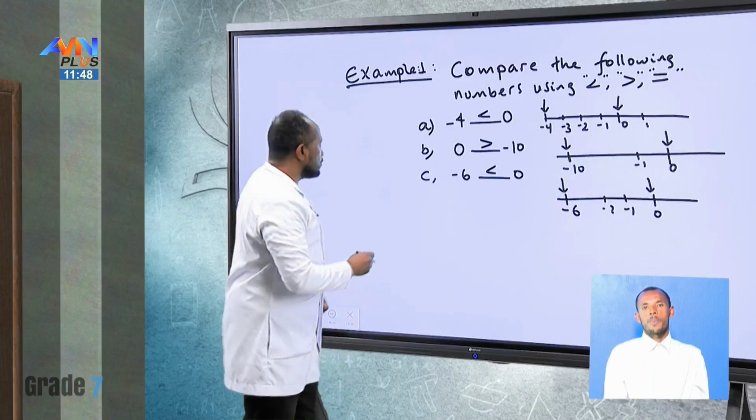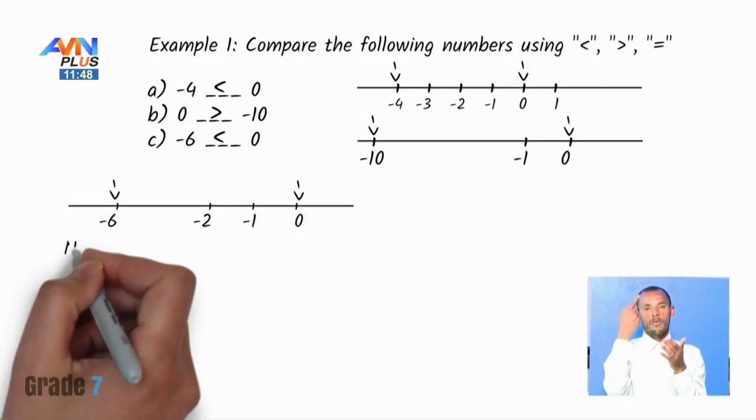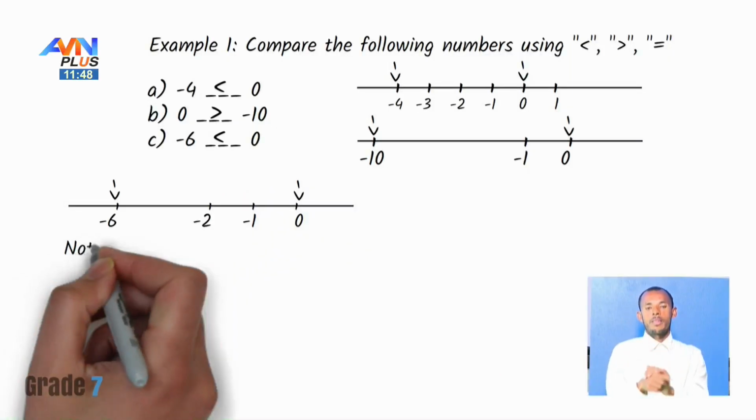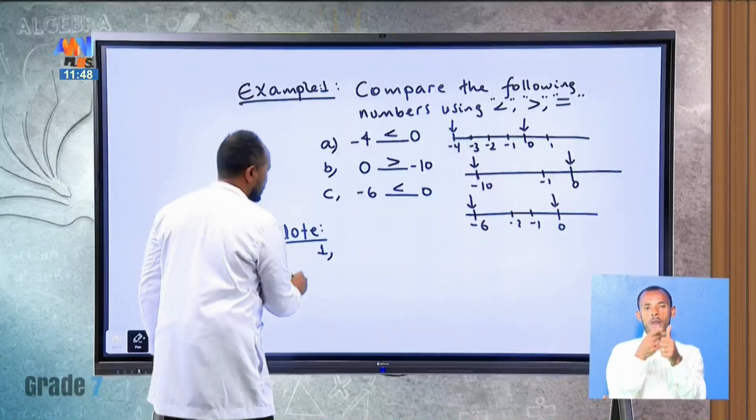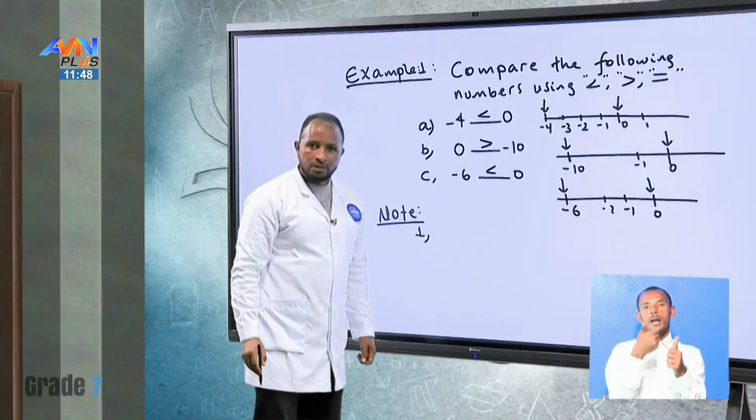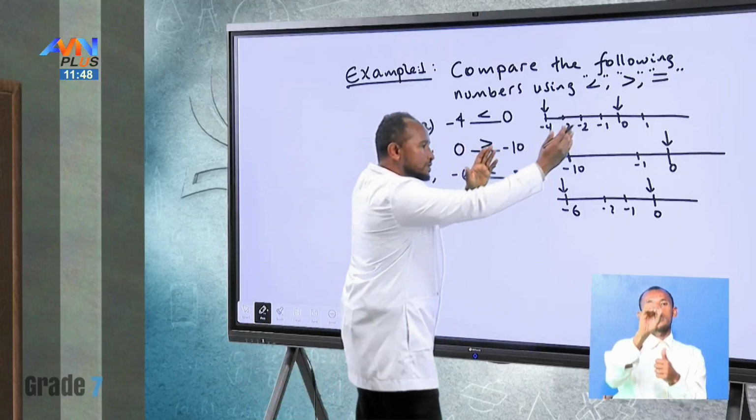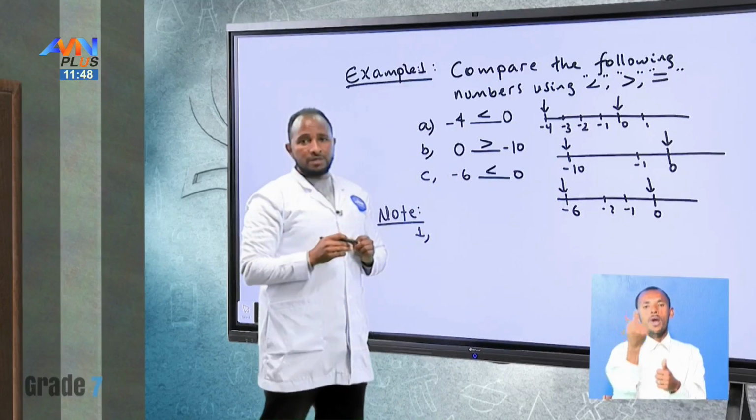So, what do you conclude from this example? One. As you can see, 0 is always to the right of negative numbers.